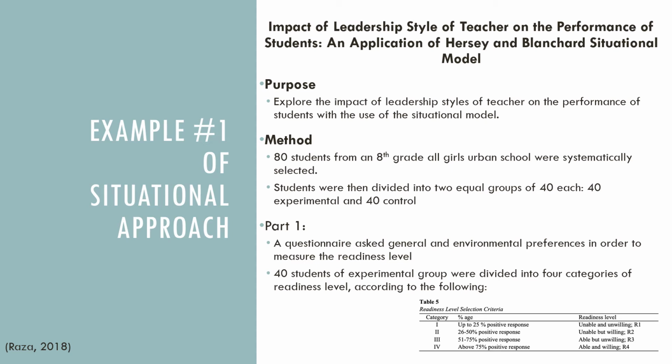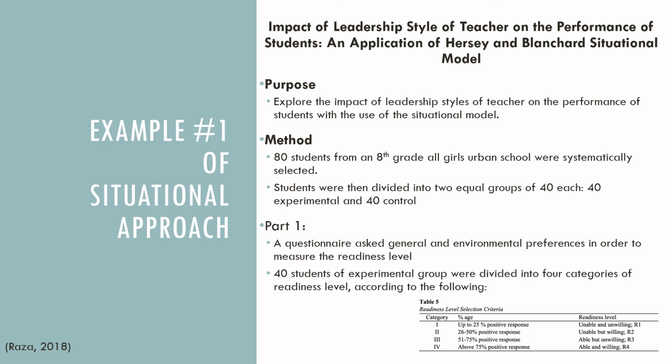150 8th grade students at an urban school for girls participated. 80 students were selected systematically and then divided into two equal groups, which made it 40 each. One group was labeled a control group, and the other was the experimental group.